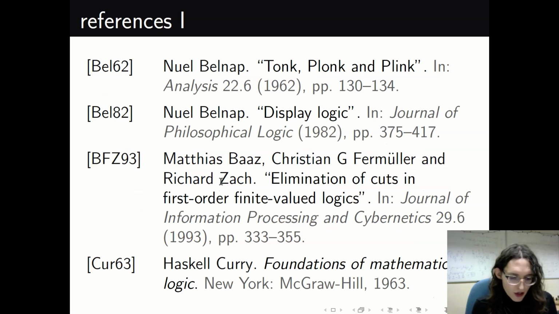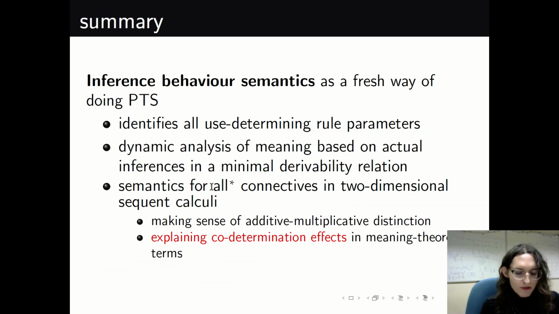Now, I believe there is a lot to be won from doing inference behavior semantics, and I hope that you agree that further research into inference behavior semantics can prove a valuable addition to the proof-theoretic semantics toolbox and the proof-theoretic semantic universe. Thank you so much for listening through this recorded talk.